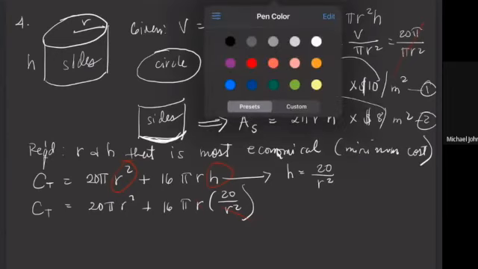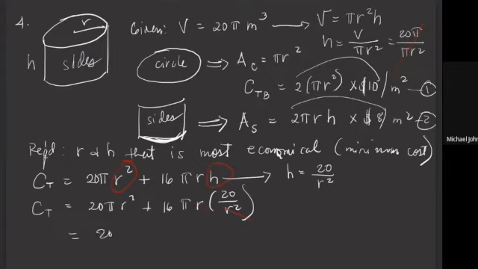We simplify our equation into a simpler expression. We have pi, and 16 times 20 is 320, right? 320 pi over r.